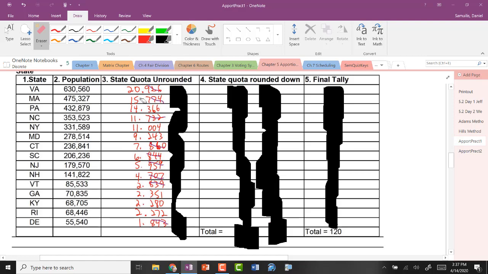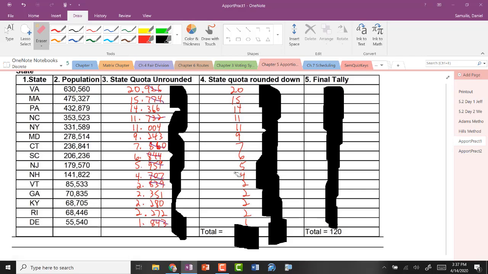All right, boom. So here's what we should have got for our state quotas. And then, as always with the Hamilton method, they basically lop off the decimal part. That's called rounding down no matter what.